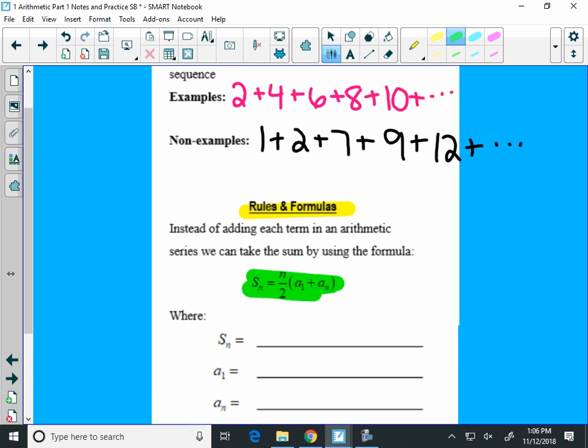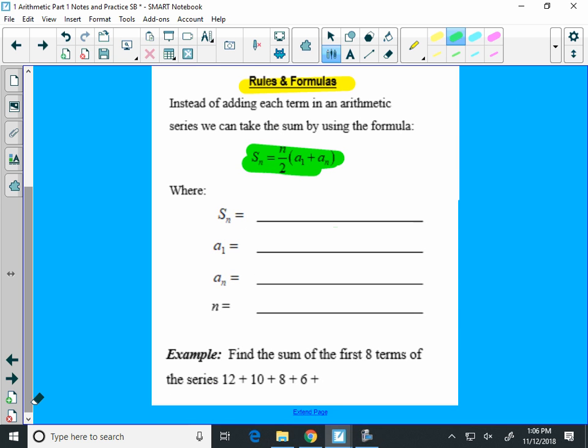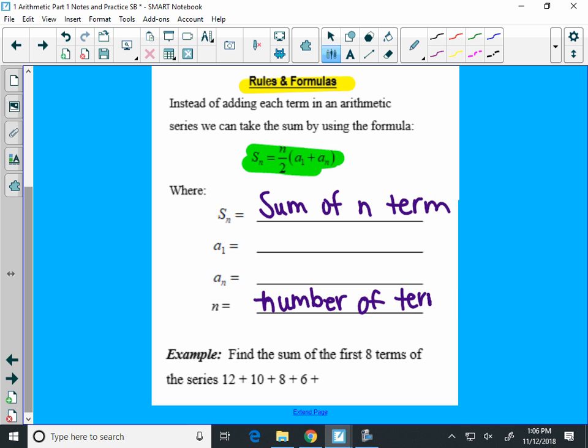So what does every part of that formula mean? Well, S sub n is what we call the sum of n terms. So the n is going to tell us how many terms you're adding up. That's on the bottom here. The n is, I'll write it this way, the number of terms. So if I say add up 10 terms, your n is going to be 10.